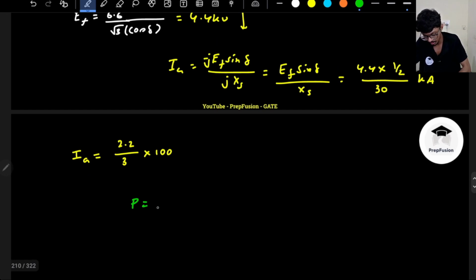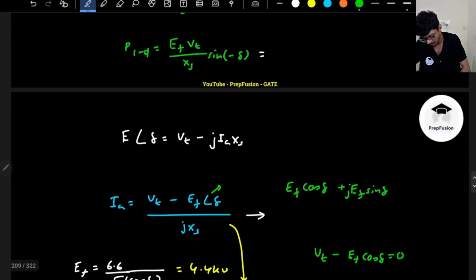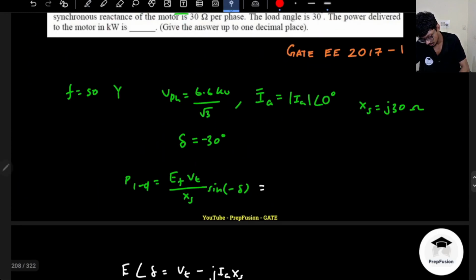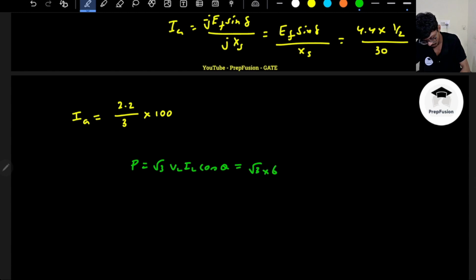Now I will put this value in the power, because I need to find out the three phase power. Three phase power is root 3 into VL into IL cos theta. It is operating in unity power factor, that's why cos theta is 1. VL I already know, that is 6.6 kV. So from here I can find out the power: root 3 into 6.6 into 2.2 divided by 3 into 100, into cos phi which is 1.